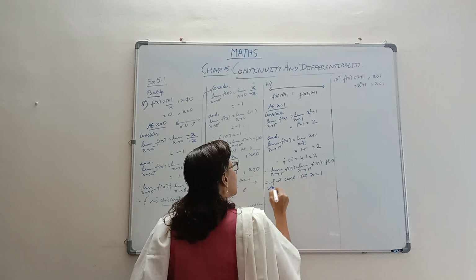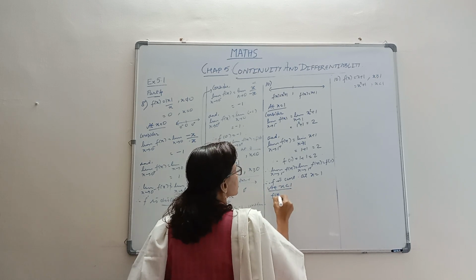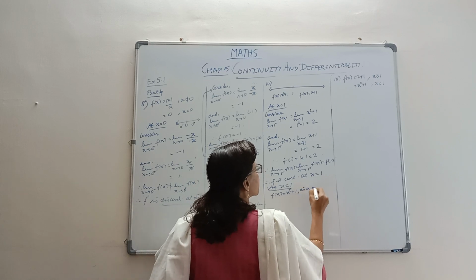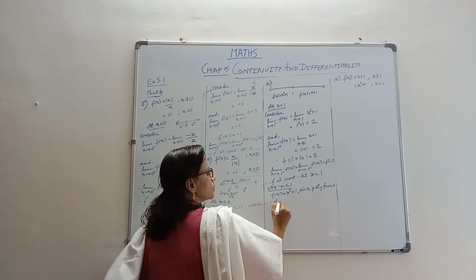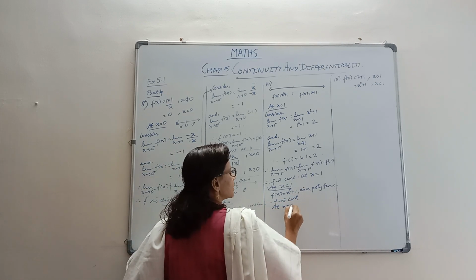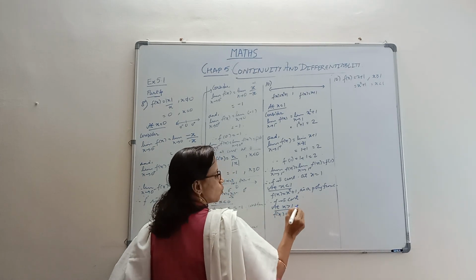Now, at x less than 1, what happens? F of x is x squared plus 1, which is a polynomial function, so continuous. That we can just mention. Then, at x greater than 1, f of x is defined as x plus 1.